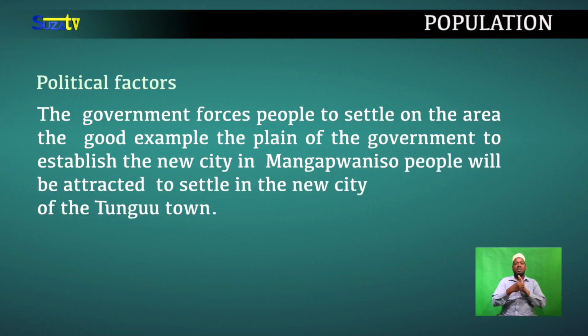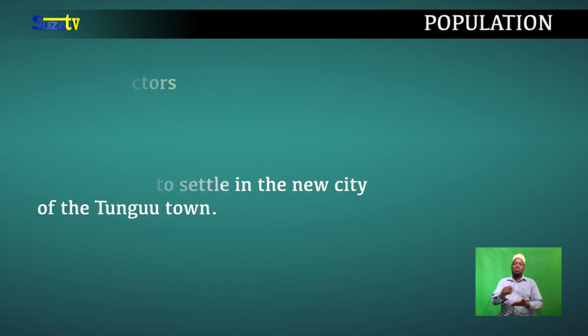Sometimes the government establishes a new town for different purposes. They introduce a new town, and some people are attracted to settle there, so many people can migrate to that area.